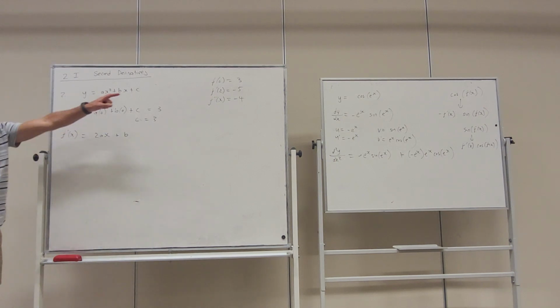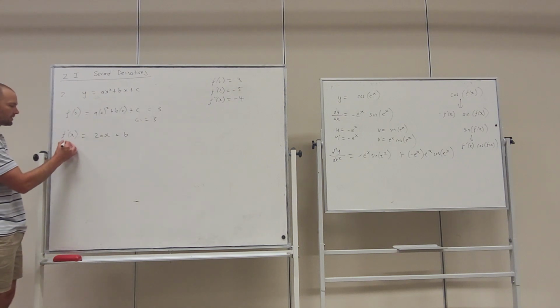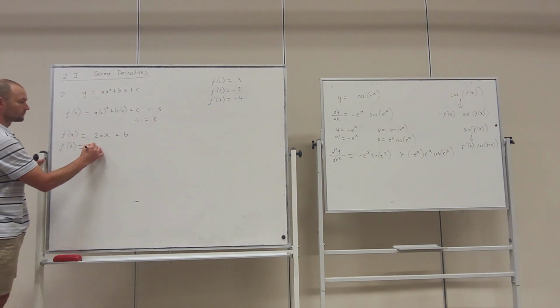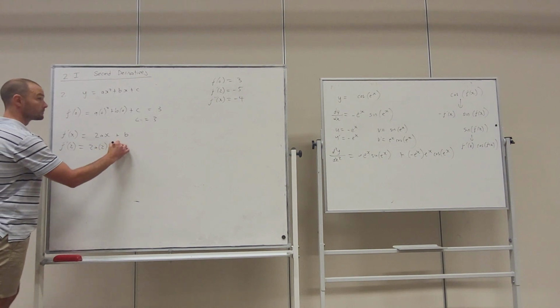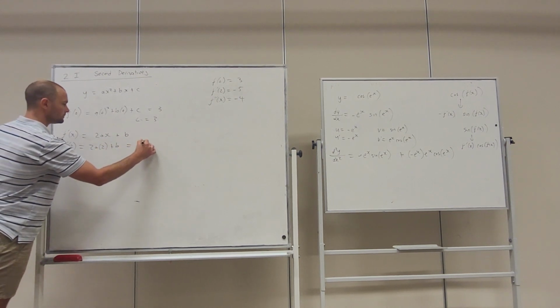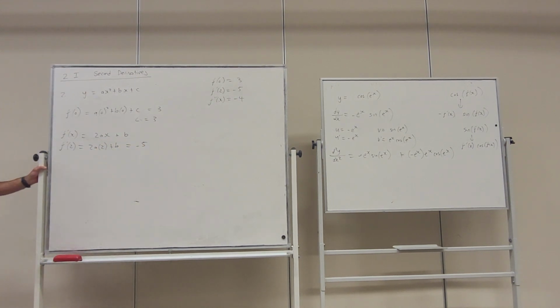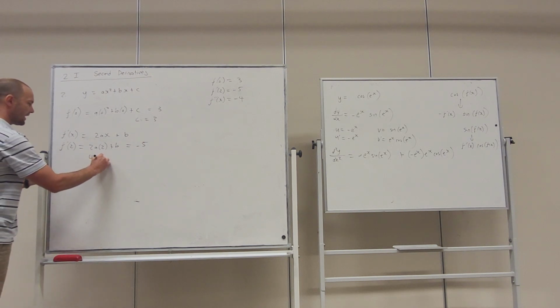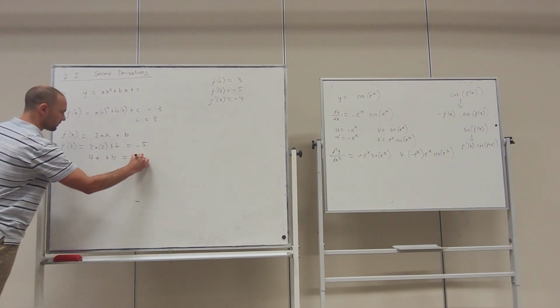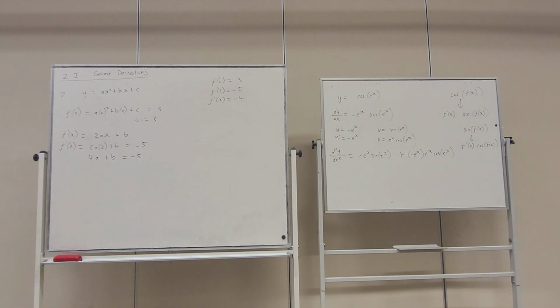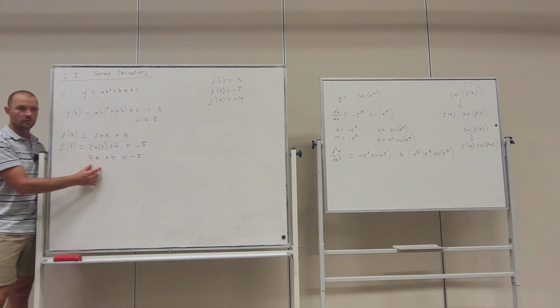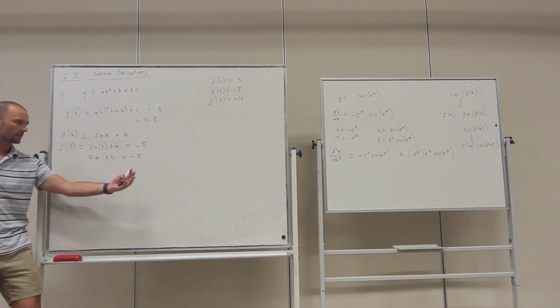And we have f dash of 2 is minus 5. So let's use that. So this is going to give us 4a plus b equals minus 5. And we can't solve that yet because we have 2 unknowns. We don't have anything to do with a and b, so we've got nothing to do there.